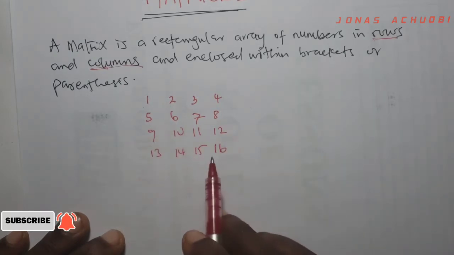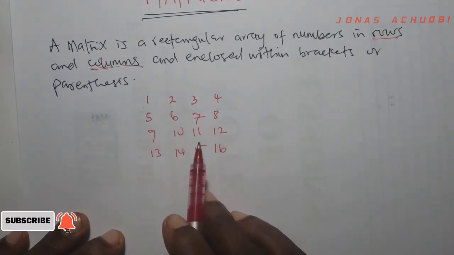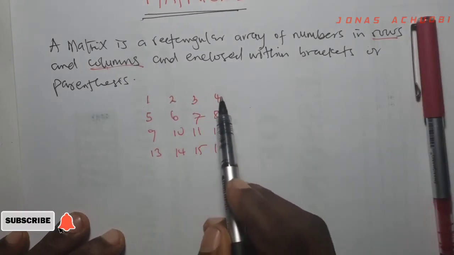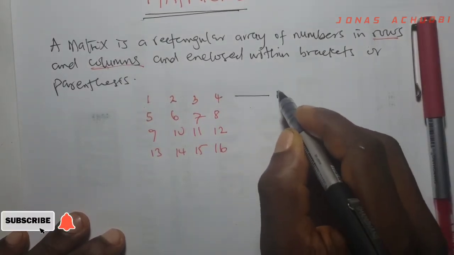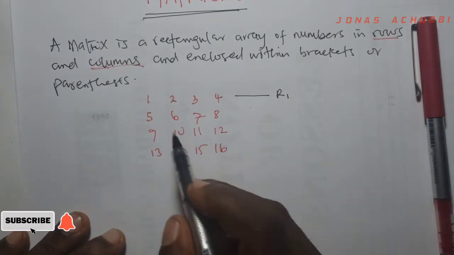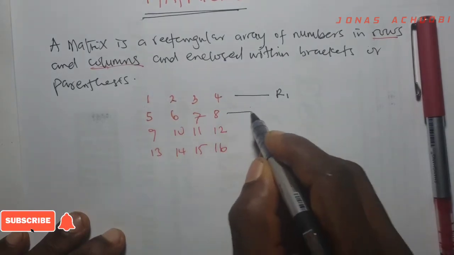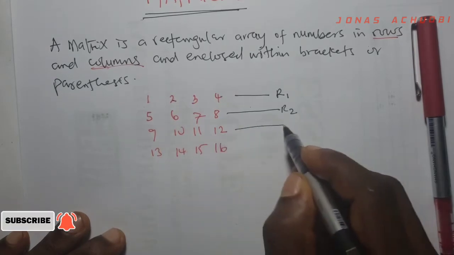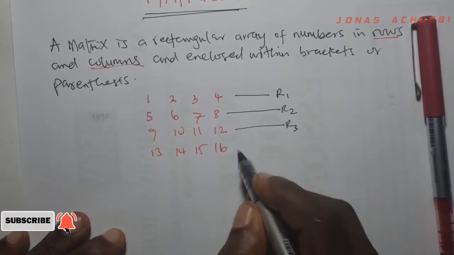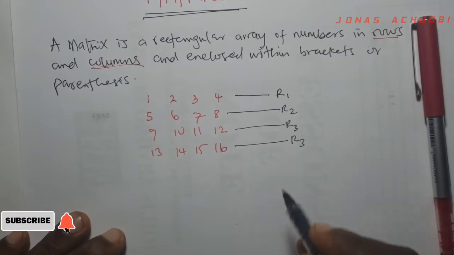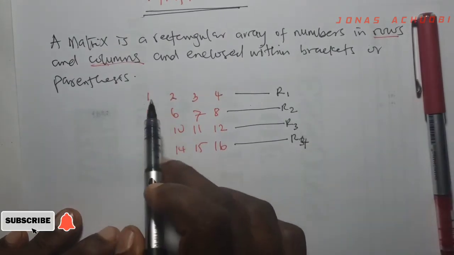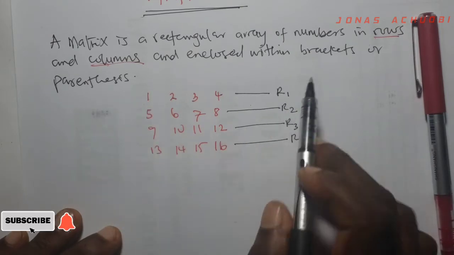And you observe that these numbers are arranged in such a way that the numbers 1, 2, 3, 4 are on the same row, which I shall call row 1. 5, 6, 7, 8 are on the same row, I call row 2. 9, 10, 11, 12 on the same row, row 3. Likewise, 13, 14, 15, and 16 on the same row, which I call row 4. So a row is from my left to the right.